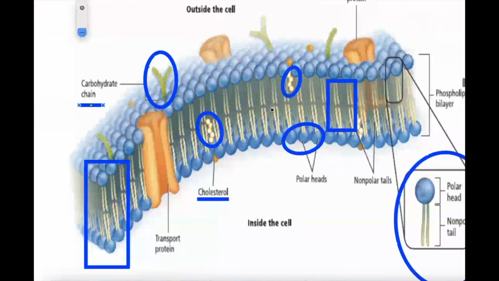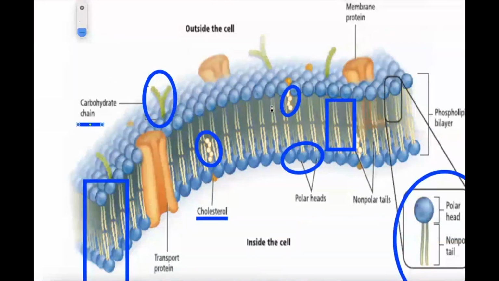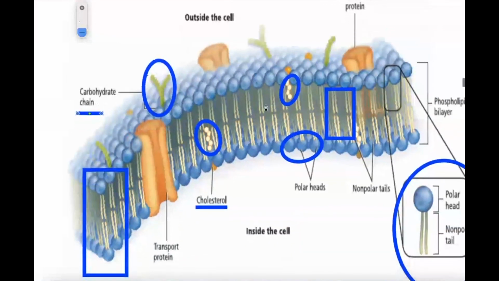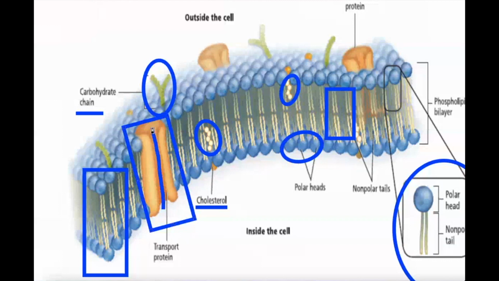Now we have very important proteins over here, which are the transport proteins. You can easily see these proteins have a channel between them, like an open area. Depending on the movement, inside or outside, this is a different story, but they are called transport proteins.